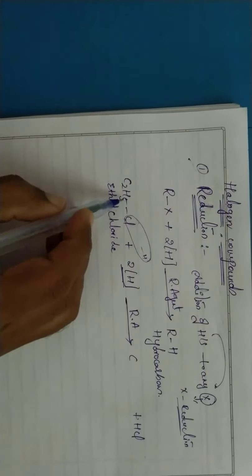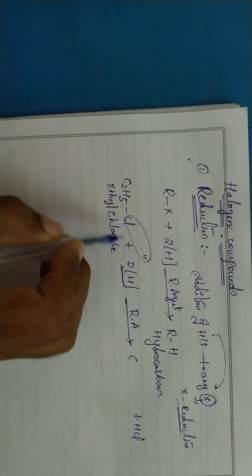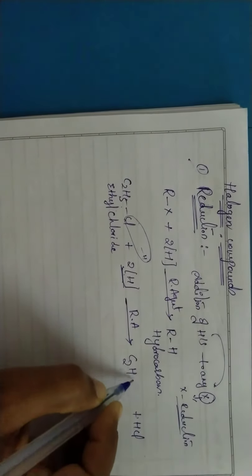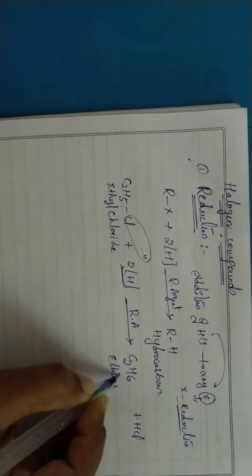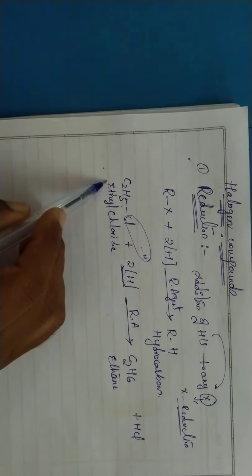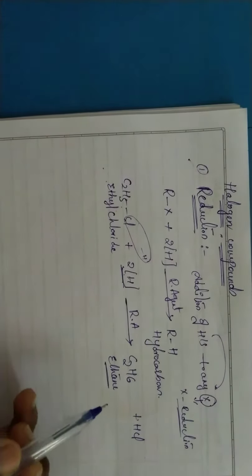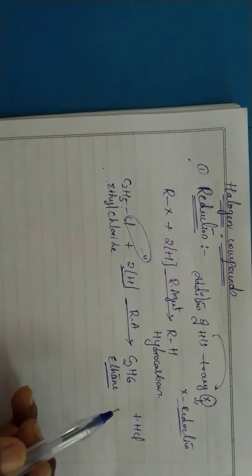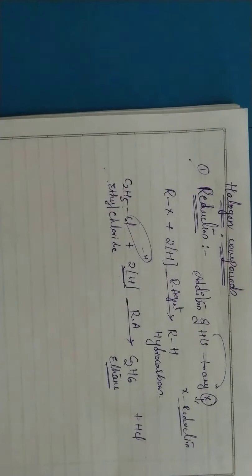That means we already have 5 hydrogens, and one more hydrogen comes from these two hydrogens. So we get C2H6, which is nothing but ethane. That means our ethyl chloride, the halogen compound, by reaction with hydrogens is converted into ethane, that is a hydrocarbon. So in the reduction reaction, halogen compounds are converted into hydrocarbons.